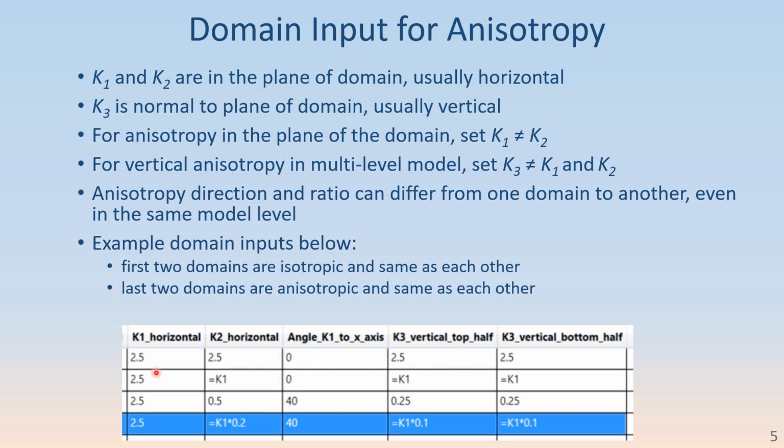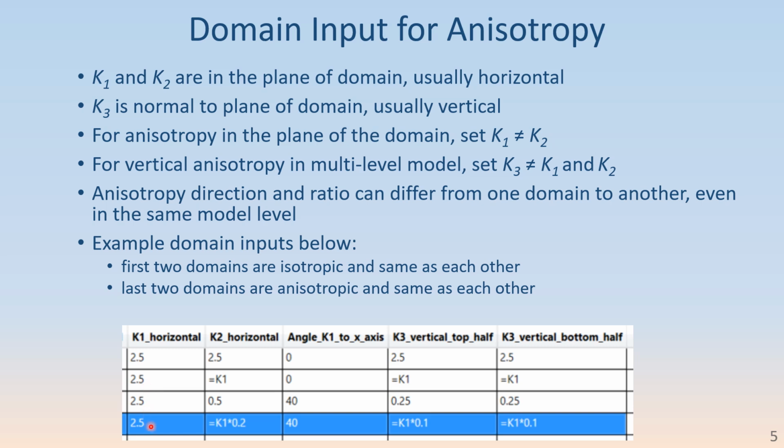Another way to write that is the second line, where for K2 you just say equals K1, and same for K3s here. And that's shorthand, and it's kind of handy because sometimes it's just less work to only change one number, and it's also less work for parameter estimation programs to just change one number or float one number.